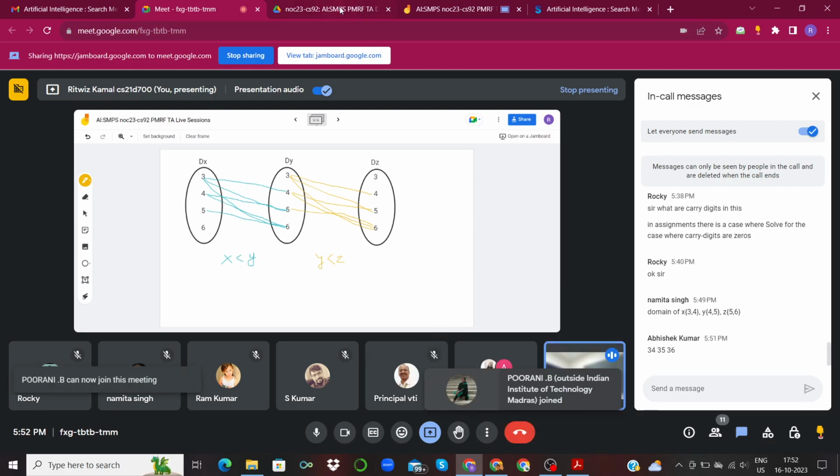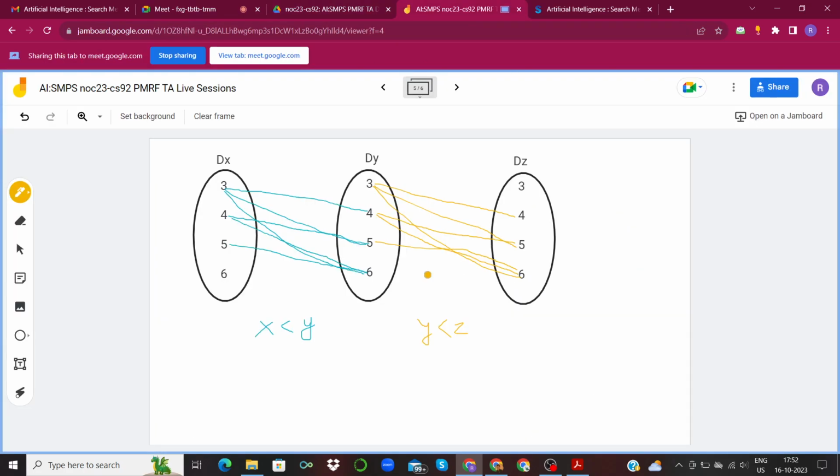So what we can do is look at each of these numbers in the domain of x to begin with. Let us see which of these assignments of numbers to the variable x would not satisfy the arc consistency definition. So let's first look at the consistency between x and y. Here we see that this number 6 is not connected to any number in the domain of y, right?